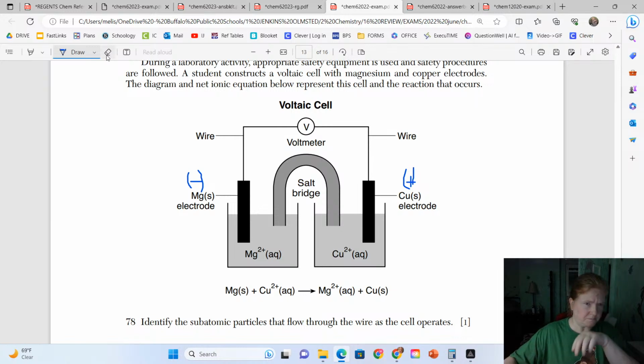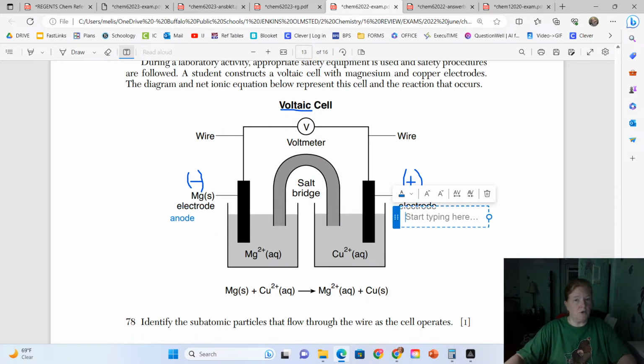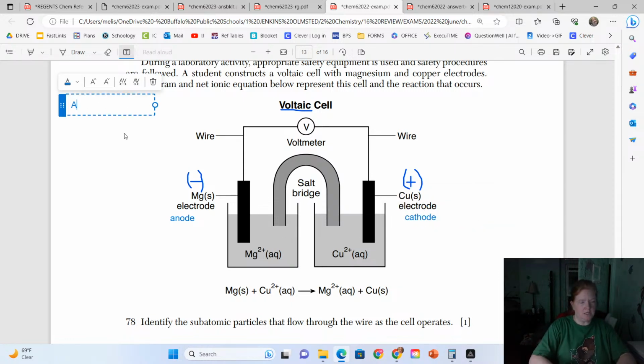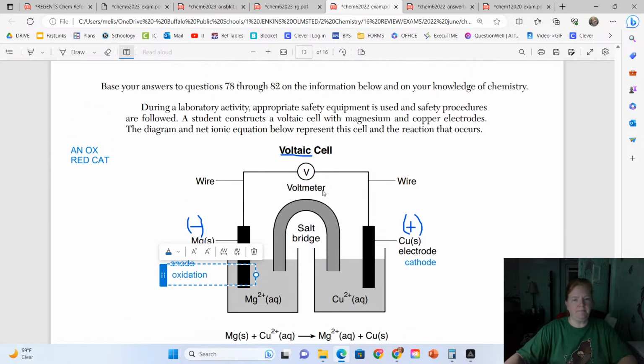Now, since this is voltaic, the higher metal is the anode. That means the lower metal is the cathode. Then there's this phrase, which a couple people said earlier, An Ox and Red Cat, which means at the anode there is oxidation.